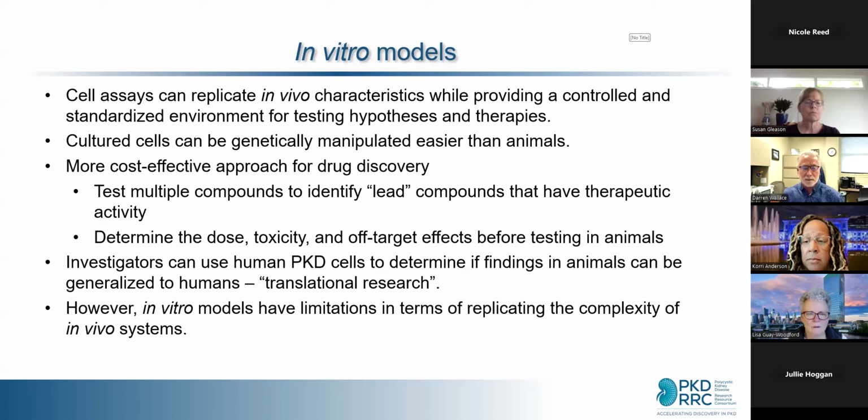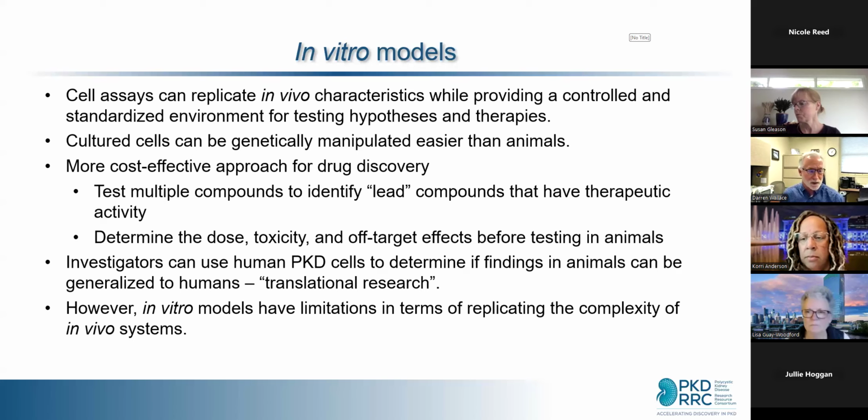He talked about doing genetic modifications to the animals to study particular pathways, but cultured cells are much easier to manipulate than animal models. So a lot of times we'll start off doing some genetic alterations in cells and look to see if we actually affect a pathway that we think could be involved in cystic disease.